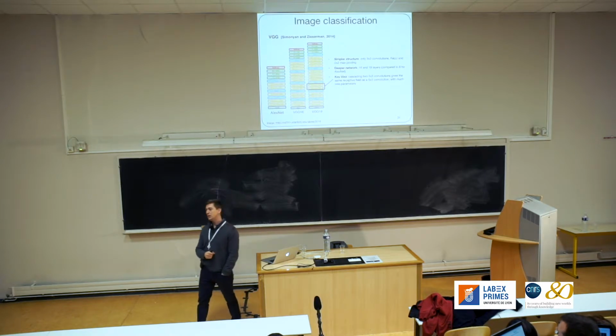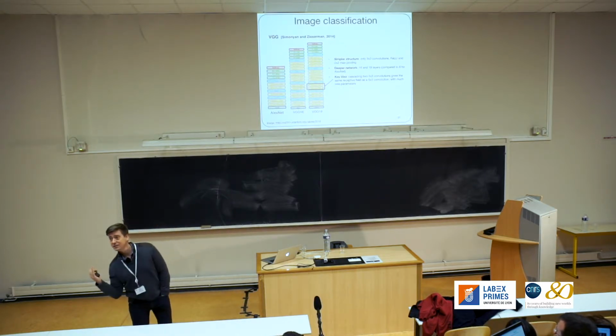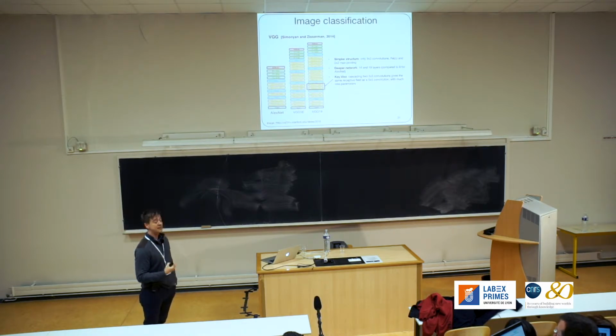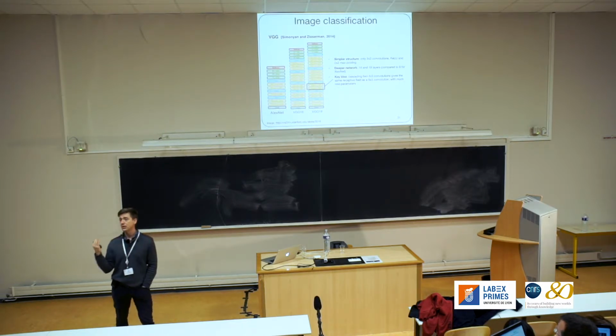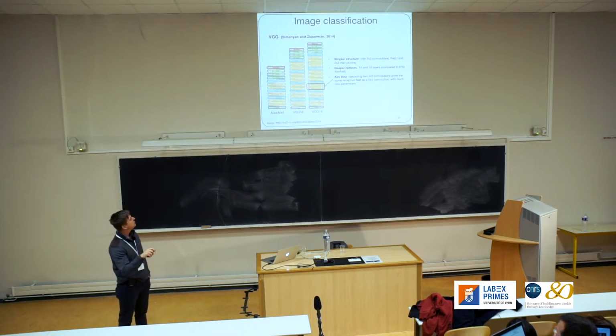What's special about VGG? Nothing. It's very, very, very simple. In fact, it's way simpler than AlexNet was. Why? It only has 3 ingredients: convolutions, which are 3 by 3 all the time, they don't have different convolution sizes, ReLUs, and 2 by 2 max pooling.